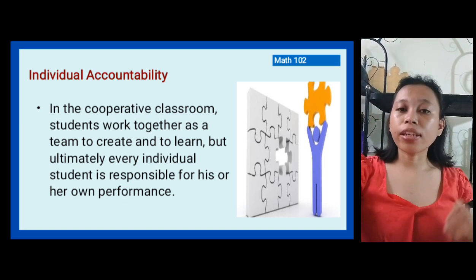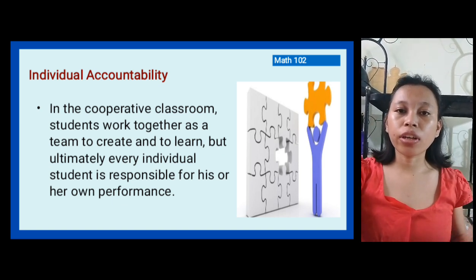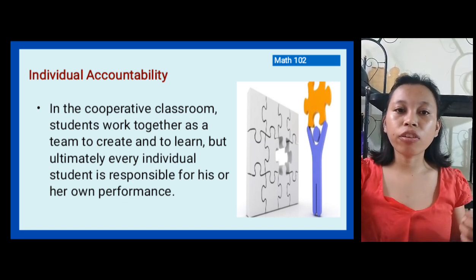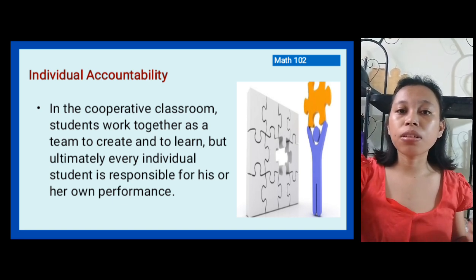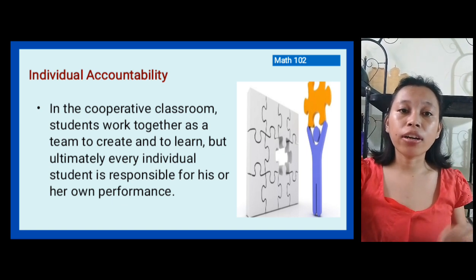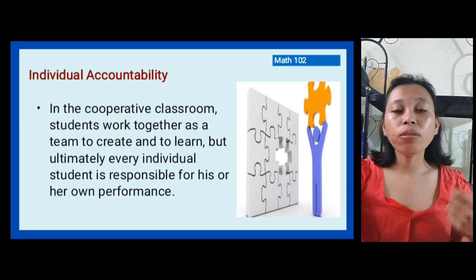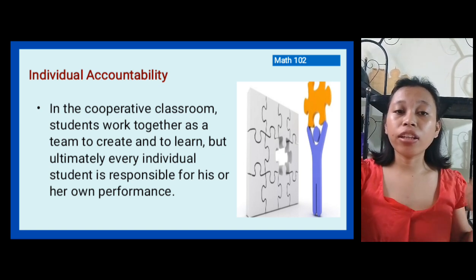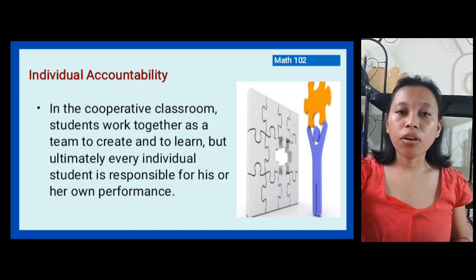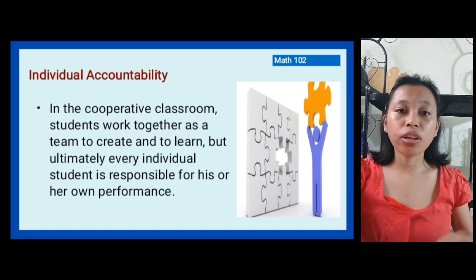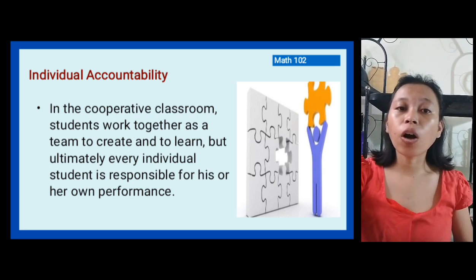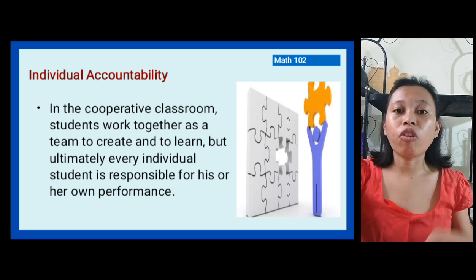In the cooperative classroom, students work together as a team to create and to learn. But ultimately, every individual student is responsible for his or her own performance. Okay, individual accountability. While students work together, each individual is responsible for their own learning and performance.